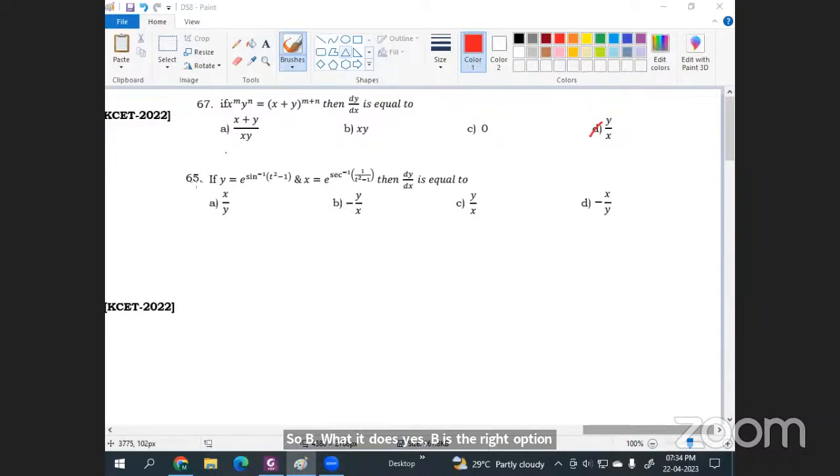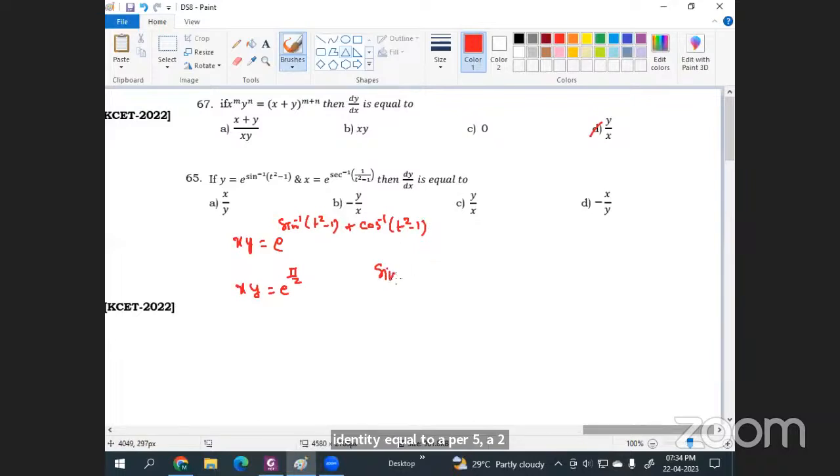Right. Whenever we get an inverse, don't do it directly. Try to simplify. x into y equal to e power (sine inverse of t square minus 1 plus secant inverse, I will write cos inverse of t square minus 1). We know the identity, equal to e power pi by 2. Correct?